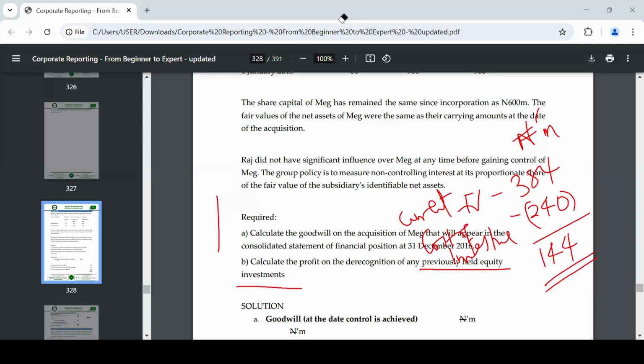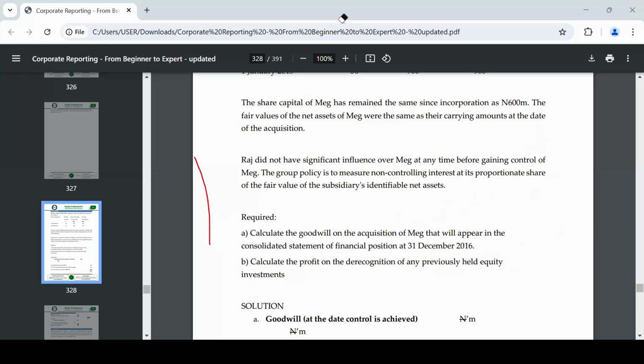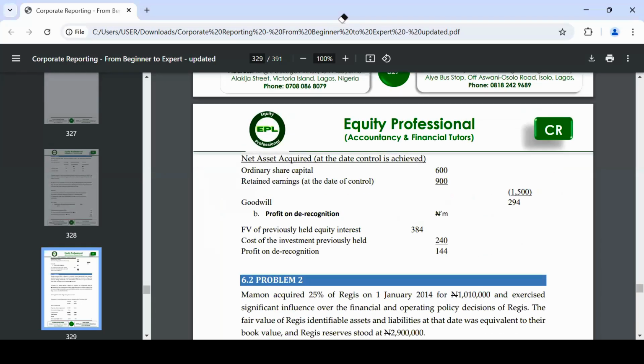Yes, correct, this will be the profit. Okay. Let's go to the solution. You see that's the same thing that must have been done there. 144. Is this clear? This one is easy. Yes, clear. All right. Okay.